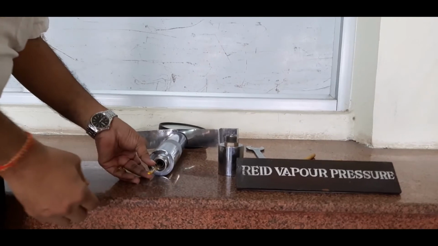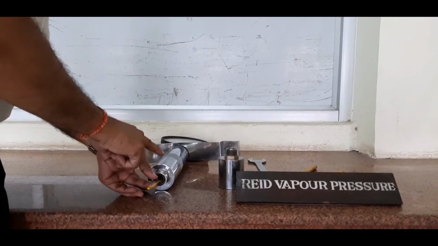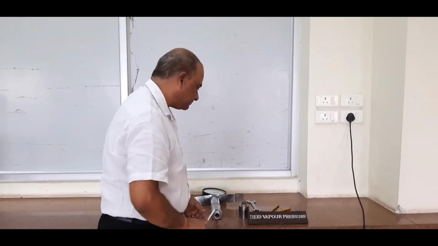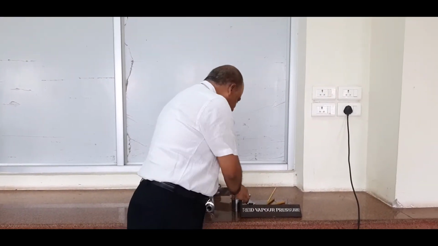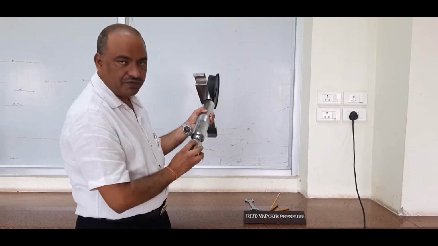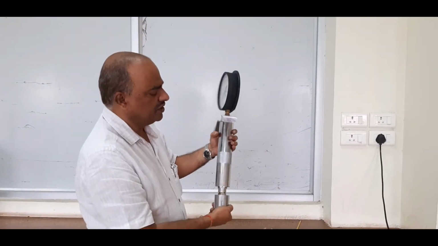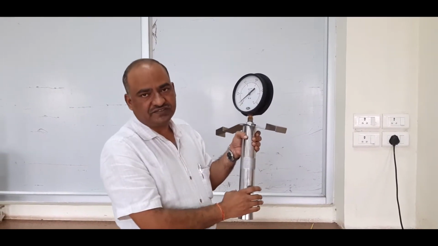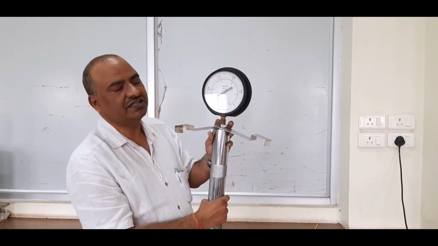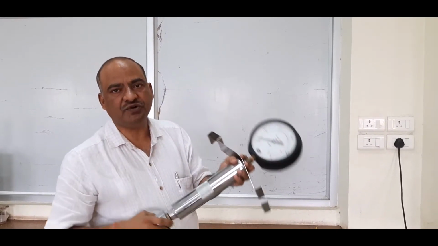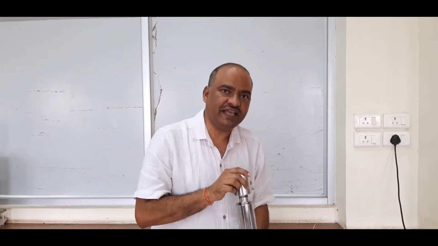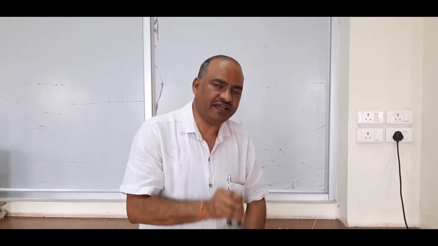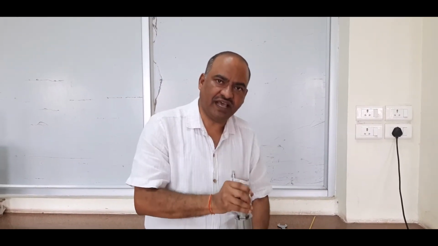Keep it there for 2-3 minutes and record the vapor chamber temperature before connecting it to the sample chamber. Now, after connecting the vapor chamber with the sample chamber, turn this apparatus upside down and shake it vigorously up and down 8 times like this.